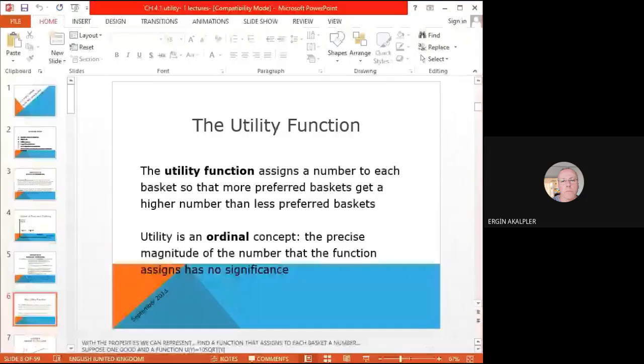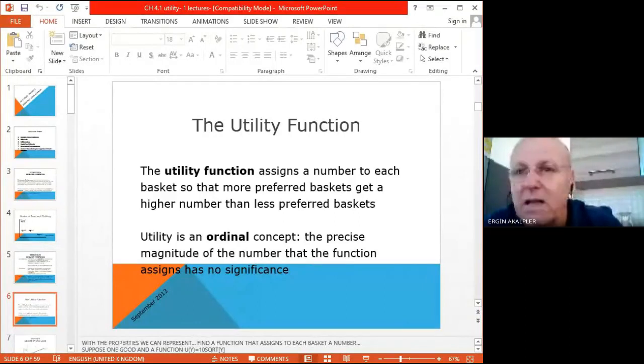The precise magnitude of the number that the function assigns has no significance and no contribution to the other scenario. Therefore, we first create the optimal basket, the highest basket, as much as we can, and count it according to its mathematical application.